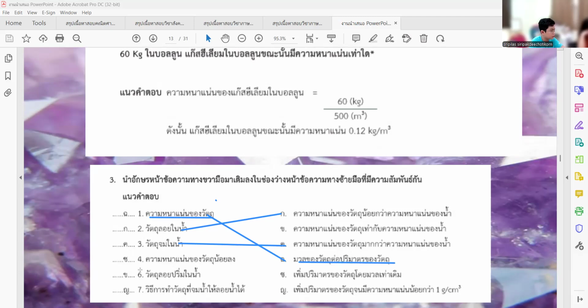Skip 4. Let's look at this first. Density equals the density of water. That's correct because if an object floats like this, there'll be 3 stages of floating.